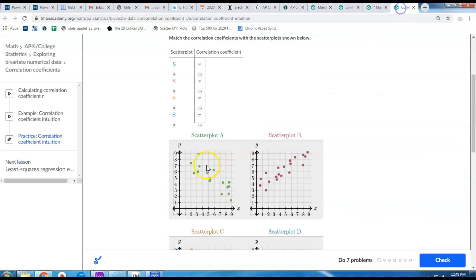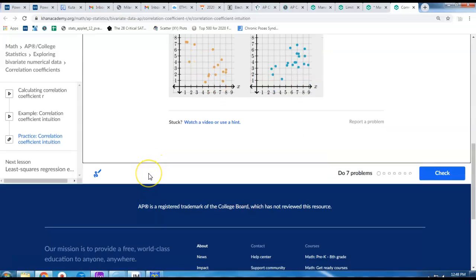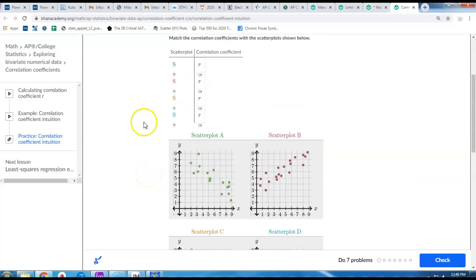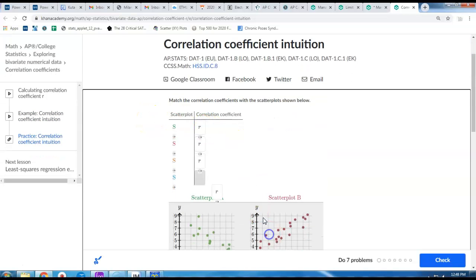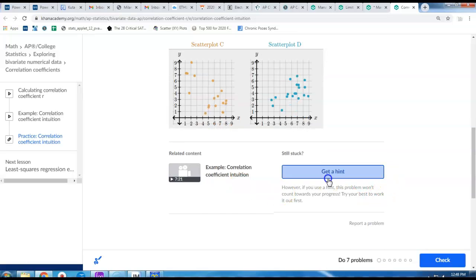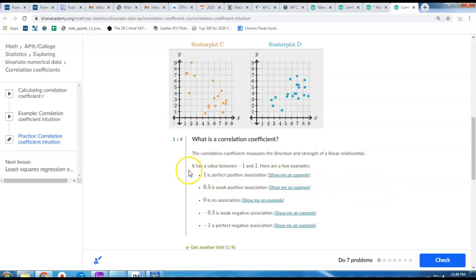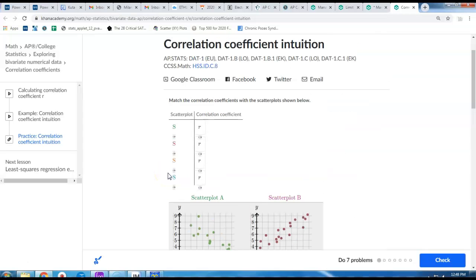And then you got a quiz, and I'm not going to go through the quiz. So, do I just move these? Not really sure what I'm supposed to do here. Hold on. Where's 0.55 and 0.89?